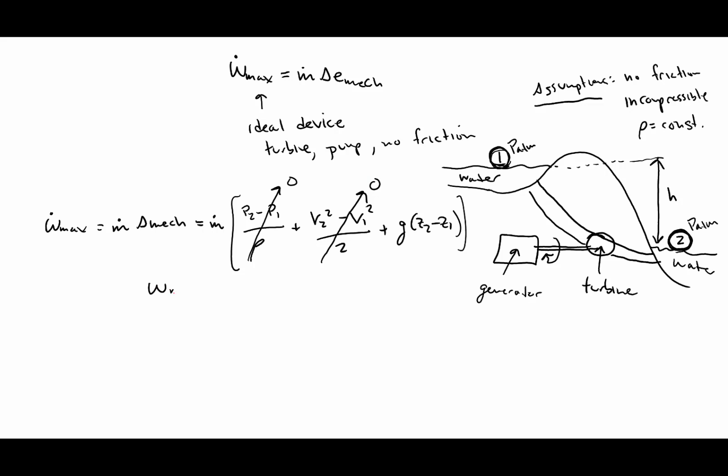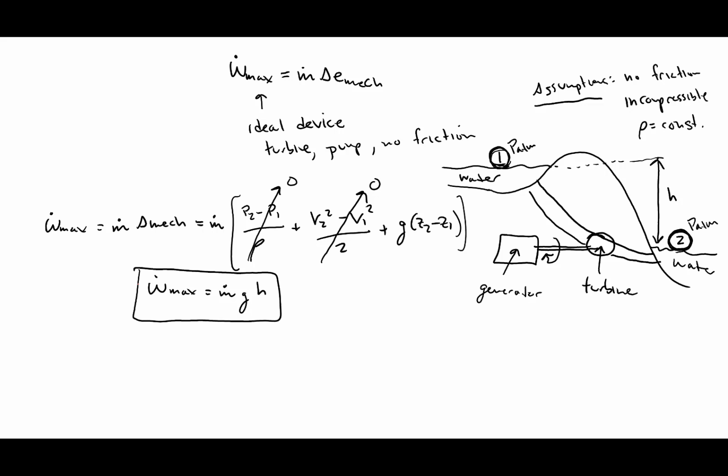So we can rewrite this equation as the work max is equal to the mass flow rate multiplied by g, and then Z2 minus Z1 is just H, the height. So this is the maximum work from the system.